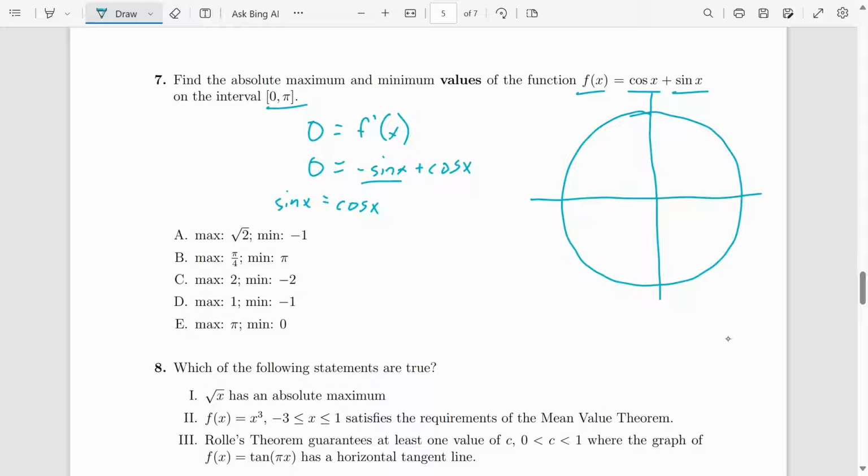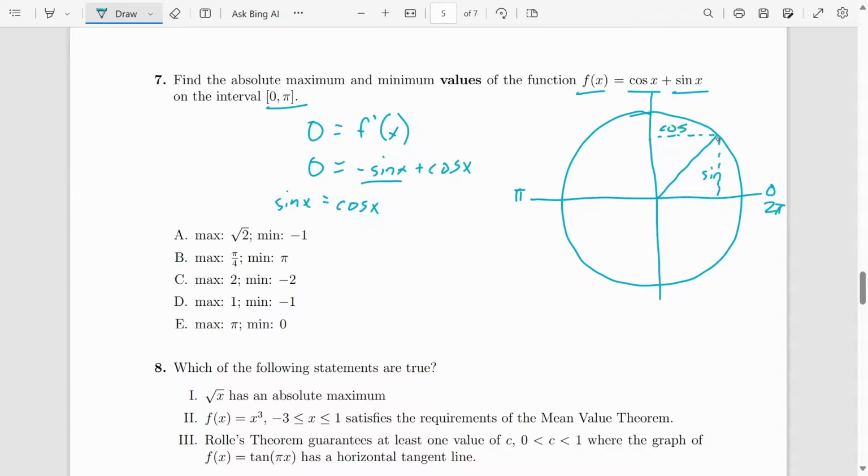So we have our unit circle, 0 and 2 pi. Pi is over here. When we want sine and cosine to equal each other, remember that for any angle, sine is this length here, and cosine is this length here.